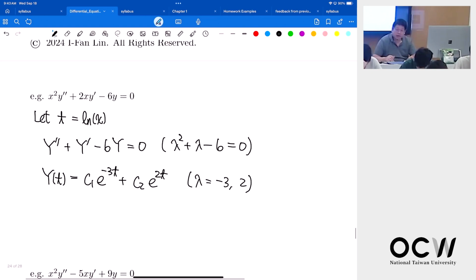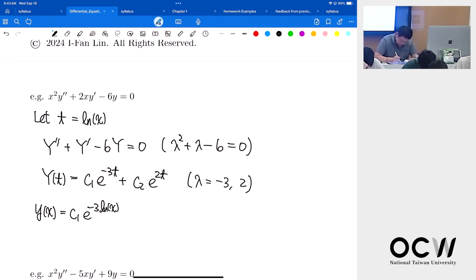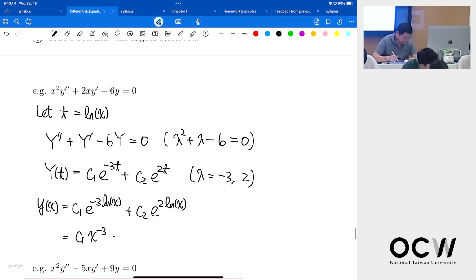So I need to change that to lowercase y and also x. So y of x is c1 e to the minus 3 natural log of x plus c2 e to the 2 natural log of x. Then you get c1 x to the minus 3 plus c2 x squared, for x greater than 0.